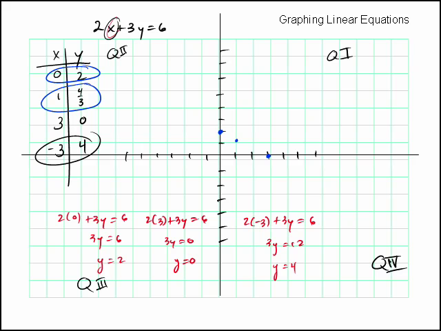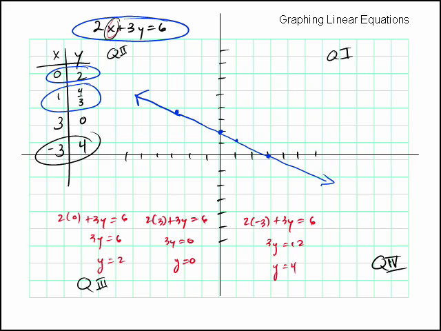Let's plot that. 1, 2, 3, 1, 2, 3, 4, to be right in this area here. Notice that they all line up. Let me draw as straight a line as I can. There we go, and I've graphed the line. Okay, so every single point on that line represents a solution to this equation.